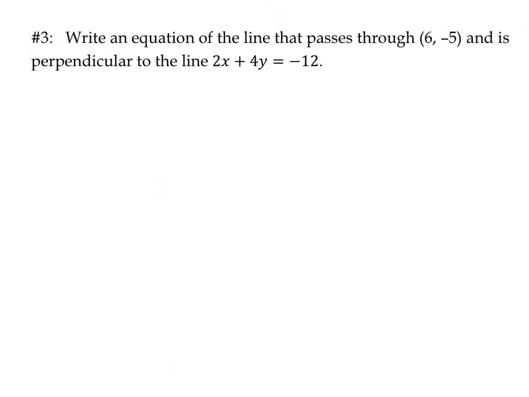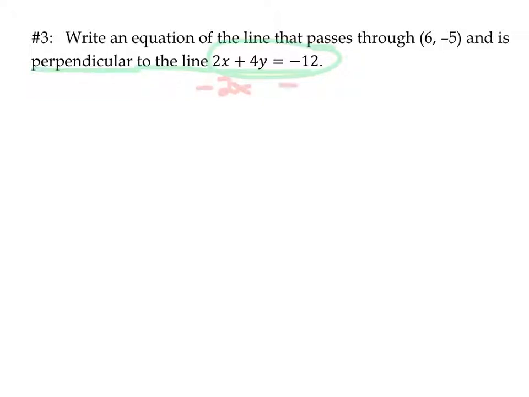All right, so now let's look at one more way we can write the equation of the line here. A little different situation because we're starting with an equation that we don't know the slope of, right? This is telling us to write an equation of a line perpendicular, keyword there, perpendicular to the line 2x plus 4y equals negative 12. We don't know the slope of this line yet, so we don't know what that perpendicular slope is going to be. So we need to solve for y. We need to get what the slope is.